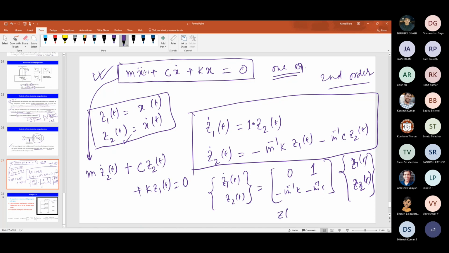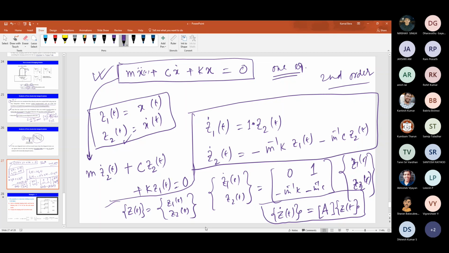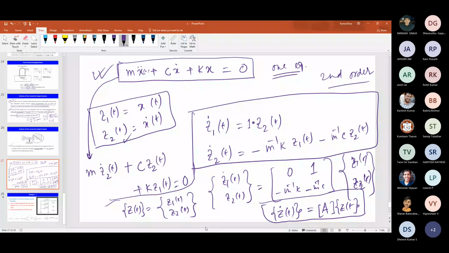Or in matrix form, defining z t as this, z dot, where z t is equal to z1, z2. Agree with this expression? Defining z like this. So here my z t is nothing but z1 t, z2 t, that means my displacement and velocity.